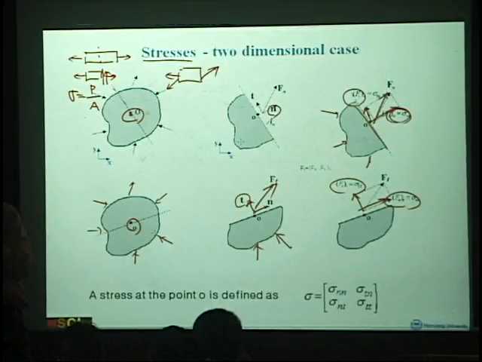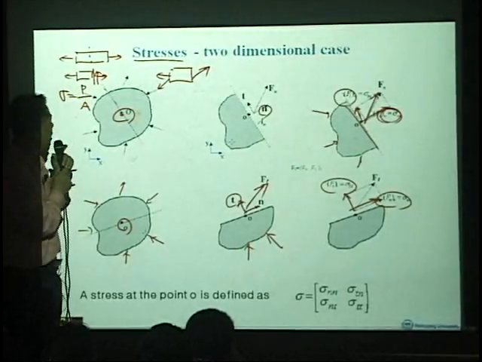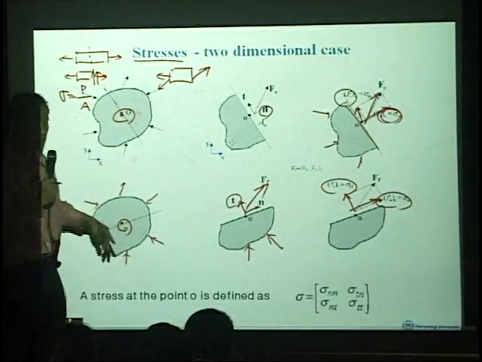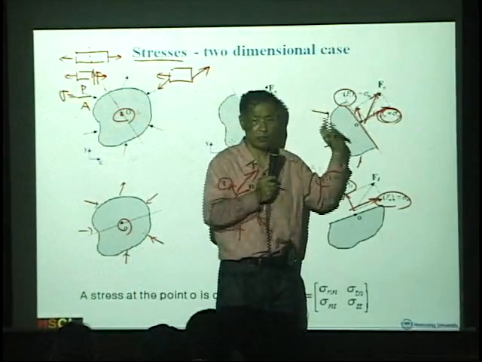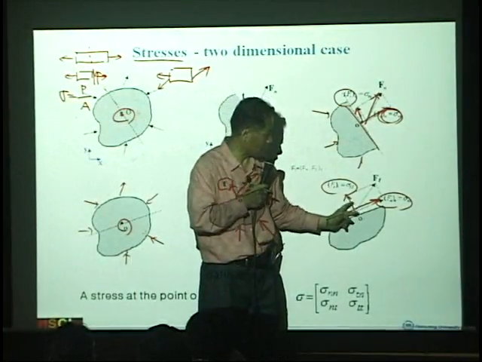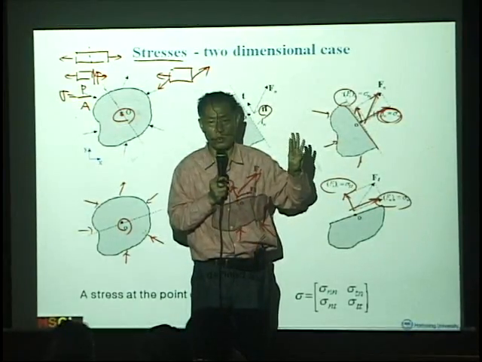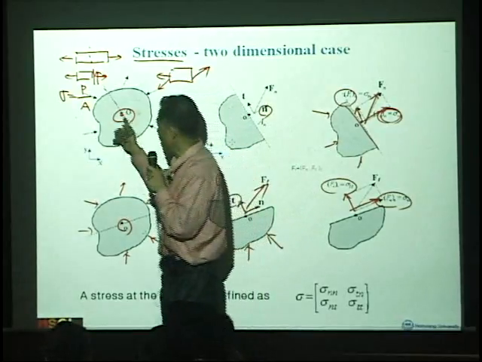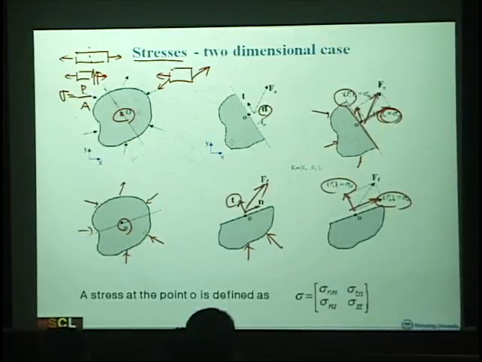But in the two-dimensional case, the cross sections can have 2 different directions, and in each direction we have 2 components. So 2 times 2 gives us 4. So we can have 4 components at point O. That's why for stress or internal force at one point we have 4 components.